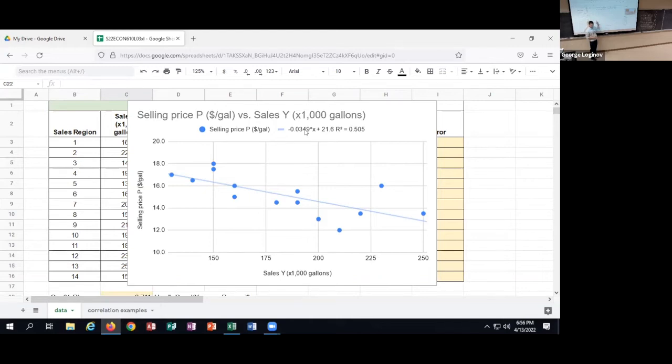I did it on purpose, and the learning experience here is that if you want to represent the demand function, I want the price to be on the vertical axis and sales to be on the horizontal axis. If you want to use the shortcut of finding the trend line from the data, you need to ensure that your dependent variable is here.